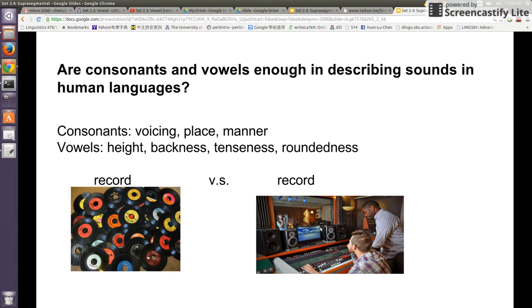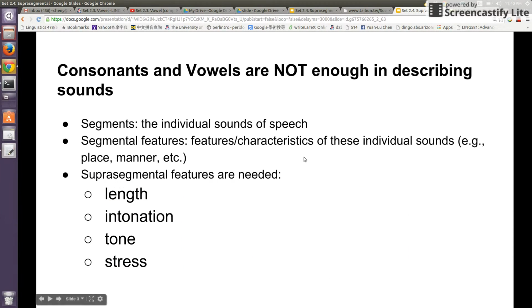This is a verb. If we only have vowels and consonants, it's very hard to tell the difference between this word and this word. So the answer is no. Consonants and vowels are not enough in describing sounds.